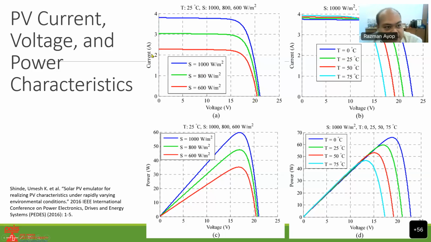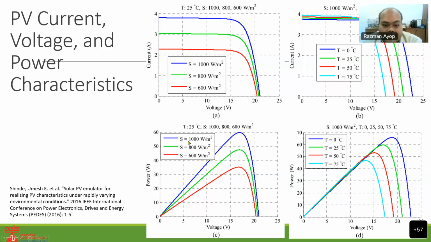We usually don't look at the voltage and current. We usually look at the power. So you can see here the blue line. When you increase the irradiance, which is the sunlight, the power increases. For 600 watt per meter square, the maximum power is around 35 watt.